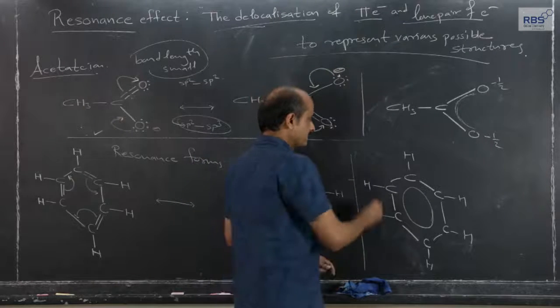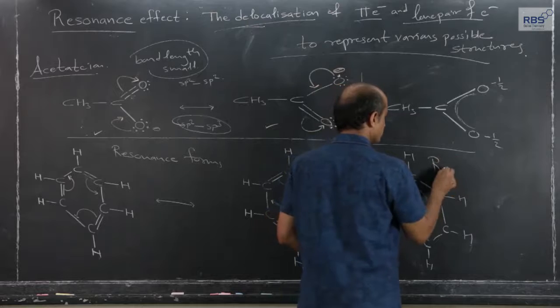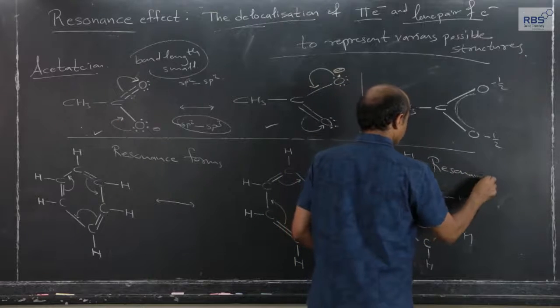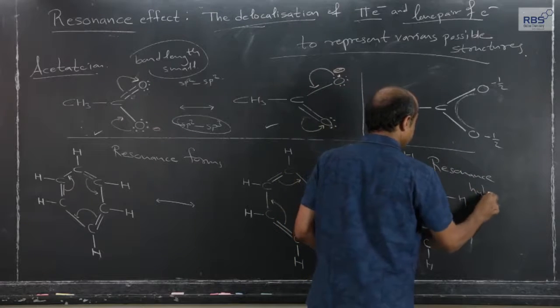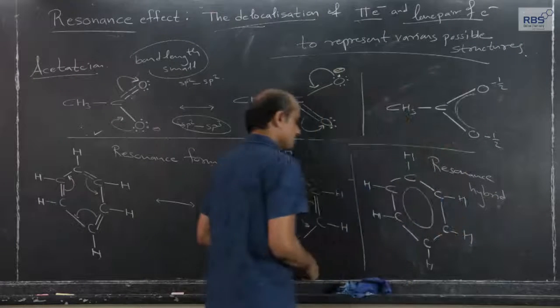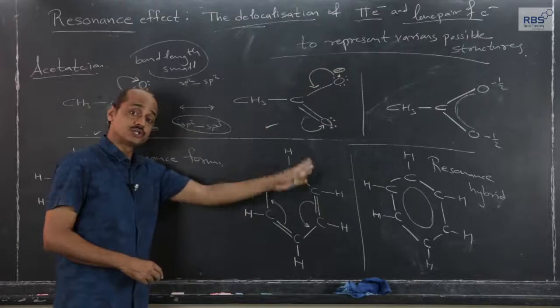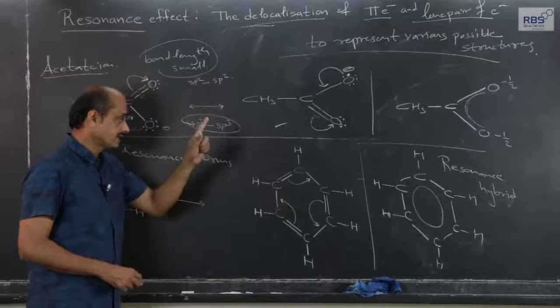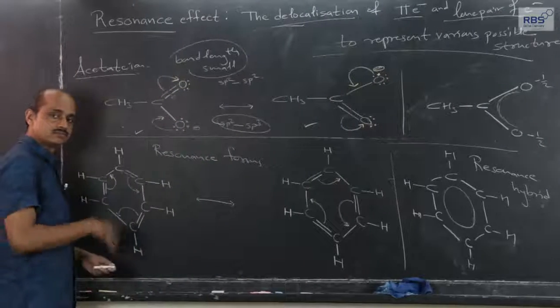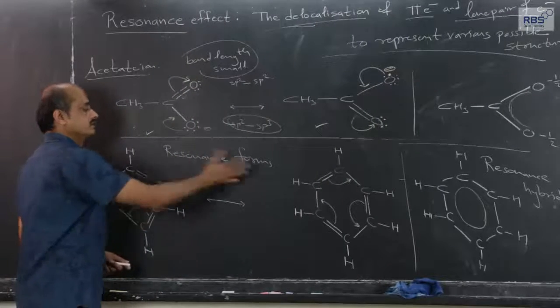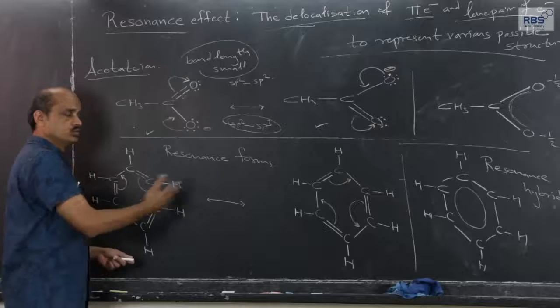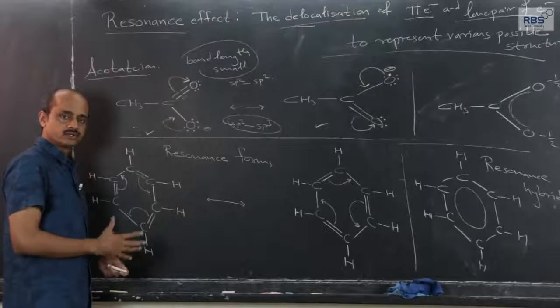So, this representation is called a resonance hybrid representation of the actual structure, and that resonance hybrid is more stable than any of the two resonating forms in case of benzene.